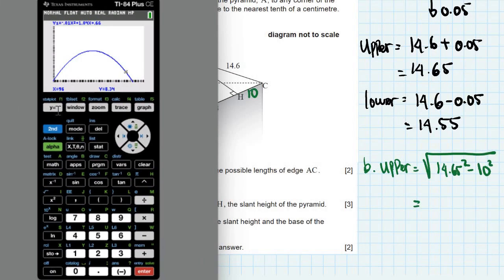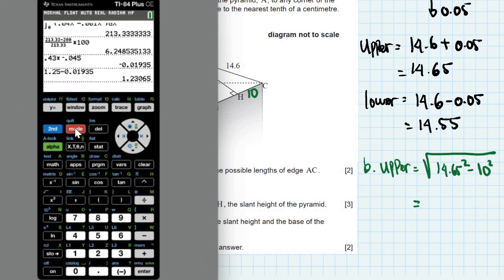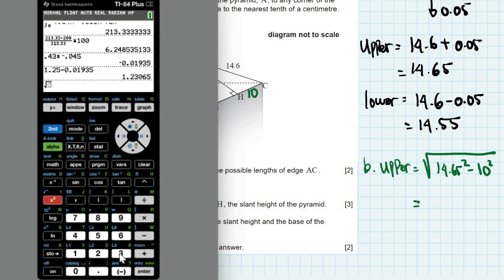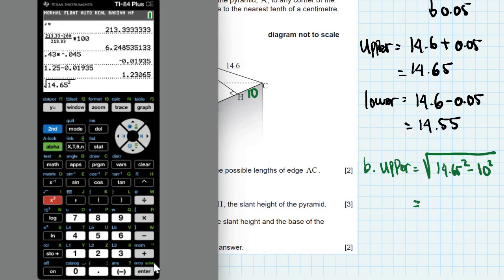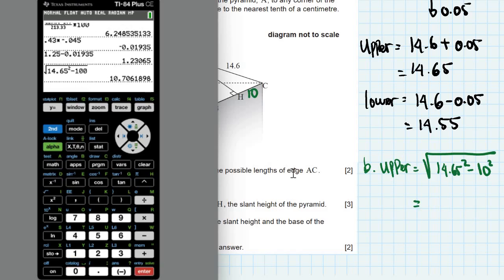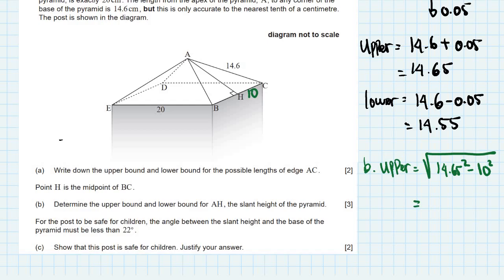Square root of 14.65 squared minus 10 squared, which is 100, equals 10.706, or approximately 10.7. That's the upper bound.